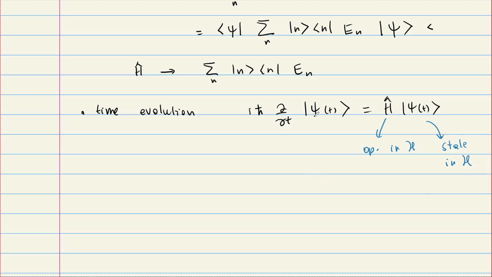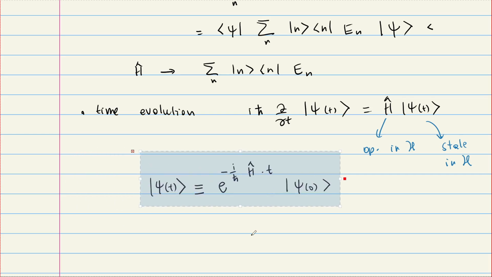And I can solve it, right? The solution is e to the minus i over ħ, operator H times t, hitting on |ψ(0)⟩, is my solution, |ψ(t)⟩. So how do I know this? First, to write this, I'm assuming H is time independent.